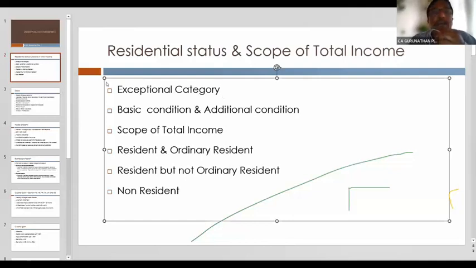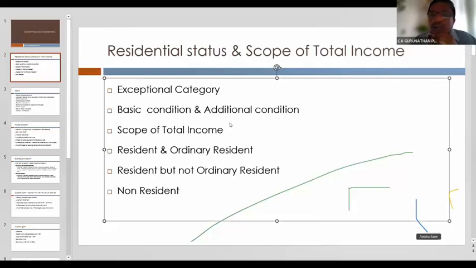But if you are in the exceptional category, who comes in the exceptional category? There are 3 people who belong to the exceptional category. Number 1, a citizen of India who leaves India for employment outside India during the previous year. Second, a citizen of India who is a crew member of an Indian ship. Third, a citizen of India or a person of Indian origin who comes to India for a visit during the previous year.